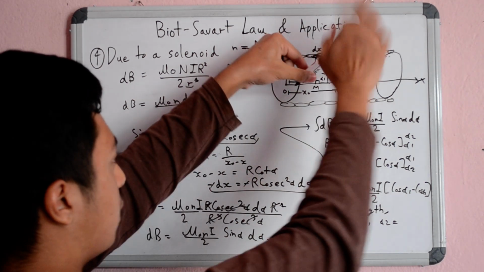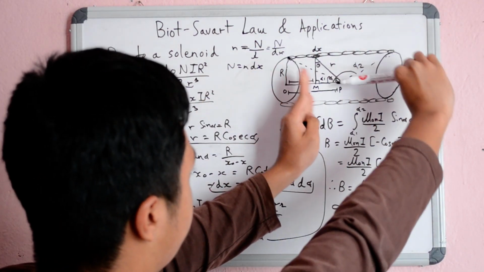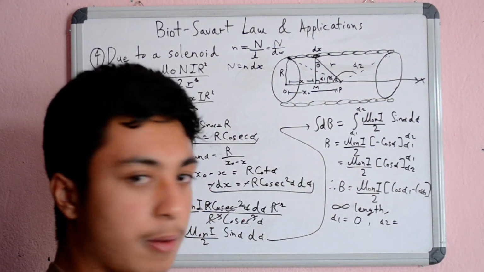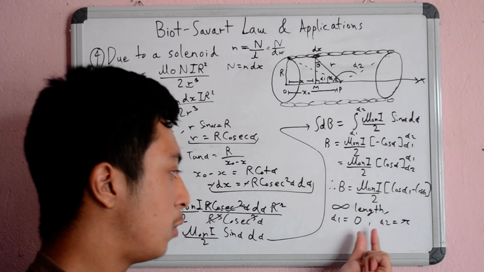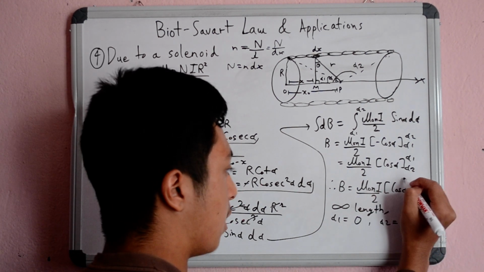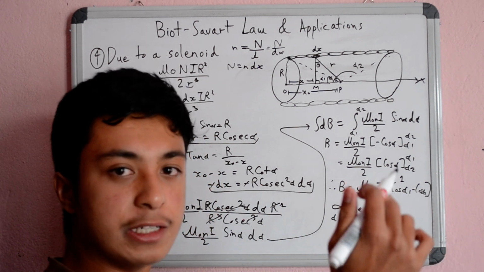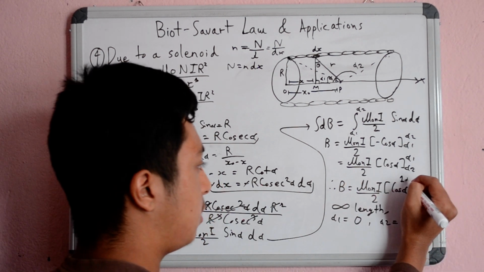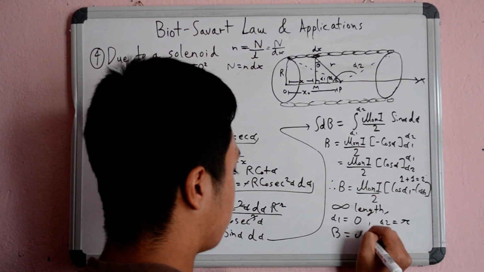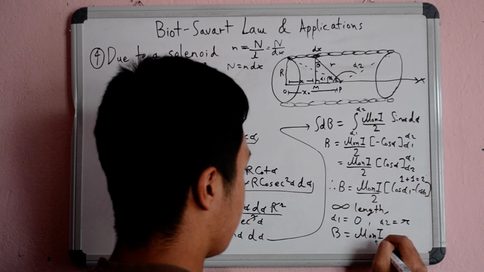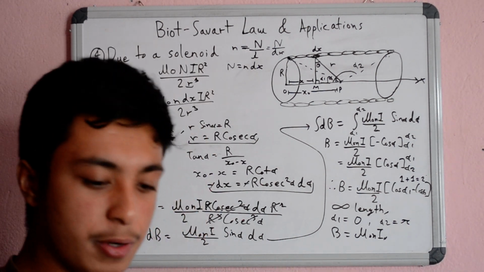And for alpha 2, if you stretch this very far, this angle right here will almost become 180 degrees or pi. So if you put it in here, cos alpha 1 is cos 0, which is 1, and cos 180 is negative 1. Minus minus plus, this becomes 2, and these two cancel, therefore B will be equal to mu naught n I. This is a very, very frequently used expression for numericals.